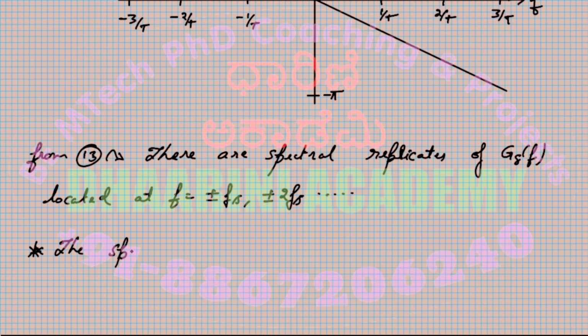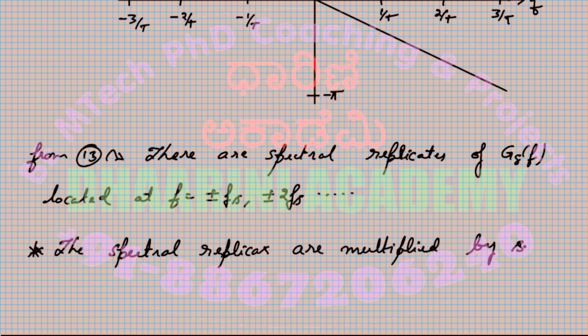The spectral replicas get multiplied by the sinc function, sinc of f t. Okay, spectral replicas are multiplied by the sinc f t function.